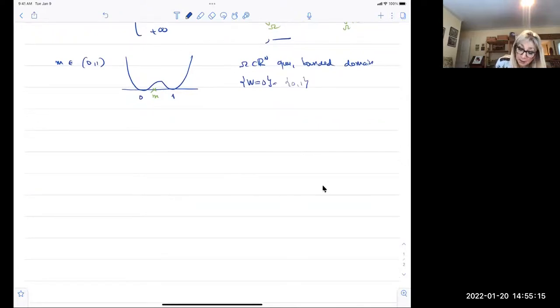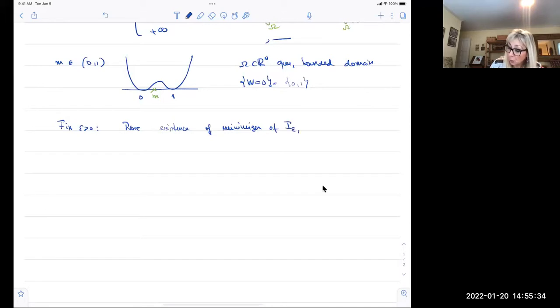So what we were doing last time was we would fix epsilon positive, and we wanted to prove existence of at least a minimizer of I epsilon, which I would call u epsilon. And for that, we use the direct method of the calculus of variations.